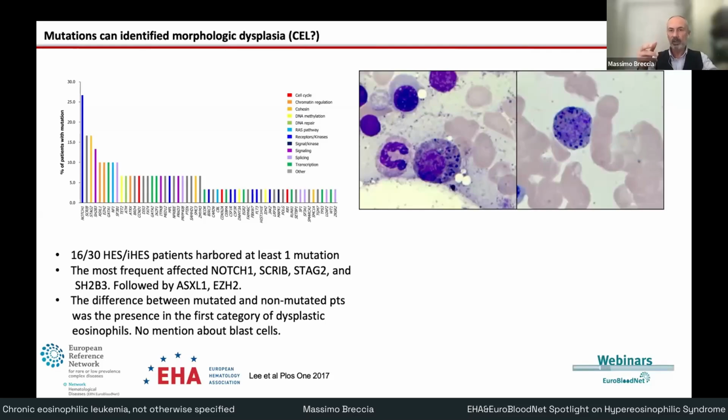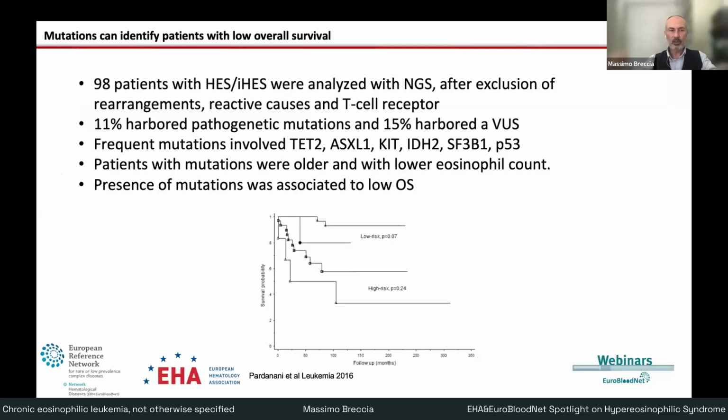So this is the first sign that we can detect, I believe, in the peripheral blood of the patients, for a possible subsequent NGS analysis.